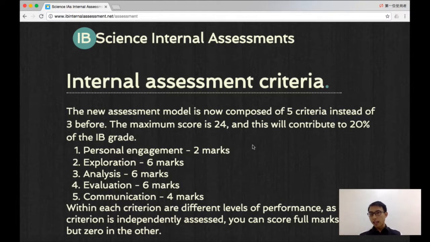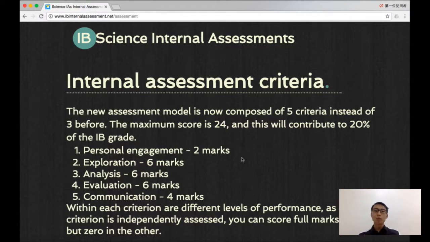Also, at the very end of your IA, after you write up your whole core, you put in, after doing the experiment, even though I could have done it better, how I could have evaluated and how I made my improvements, I now understand how this experiment answers my question. So this is the personal engagement mark. Most students will get 1 to 2 marks. It's quite rare for students to not get any marks at all, unless they did not talk about it.